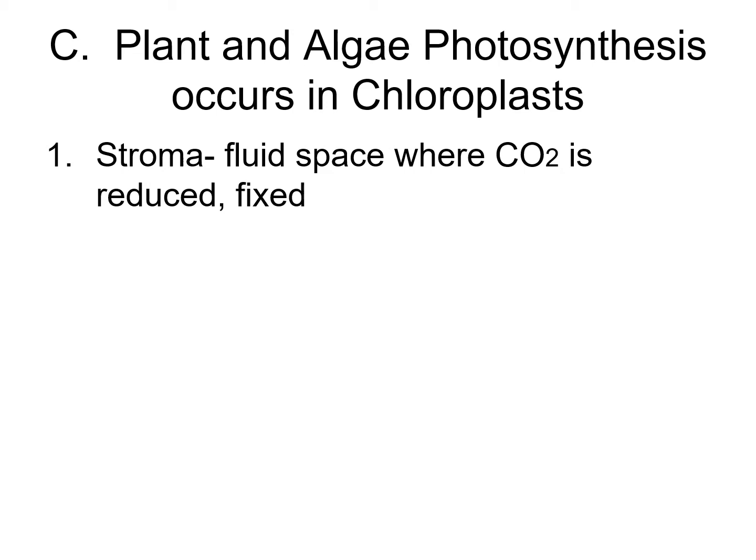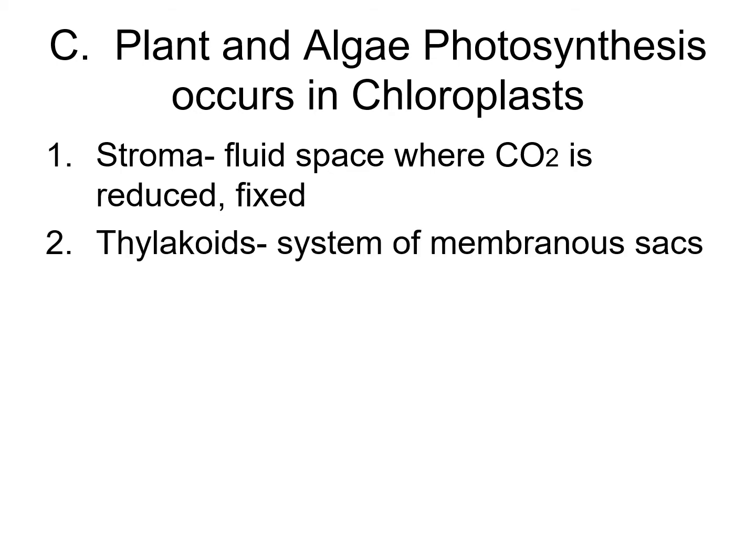Reduction is the addition of electrons and hydrogen ions. So this is the place where carbon dioxide becomes a carbohydrate. Thylakoids are the membranes within the chloroplast that contain the pigments that drive photosynthesis. That is chlorophyll.